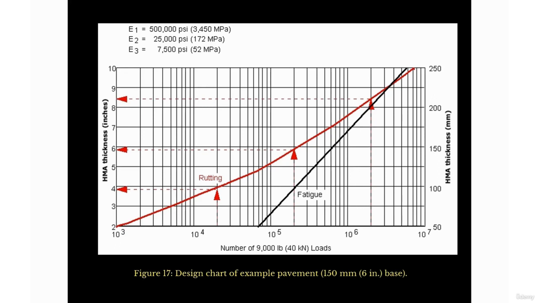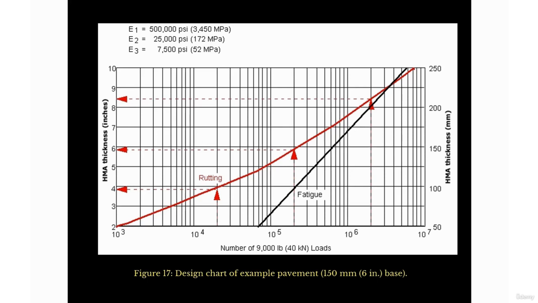So here it's going to be 10 to the power 4 plus the 100 that you have here. We're saying that at a thickness of 100 millimeters, rutting will happen, right? The rutting starts, right? And then here you can see 1, 2, 3, 4, 5, 6, 7, it looks like 8. So for 10 to the power 4 plus 800, at this point, this is when fatigue starts.